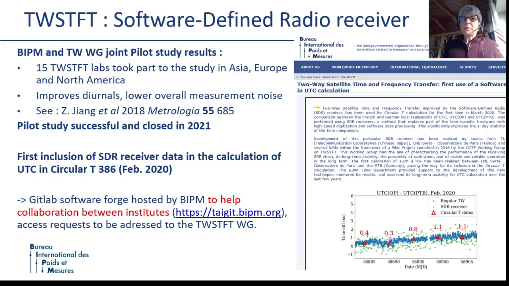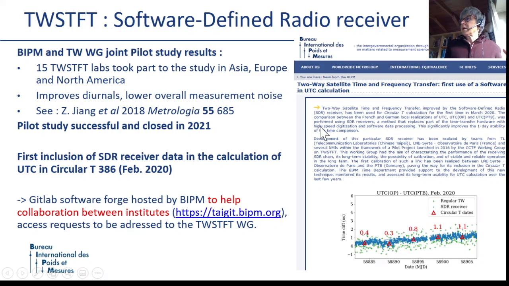This type of process is improving the stability and reducing diurnal fluctuation. Since 1 year now, we are using in UTC this type of measurements together with the classical two-way. And we have also launched a shared platform for developing together this type of digital analysis.